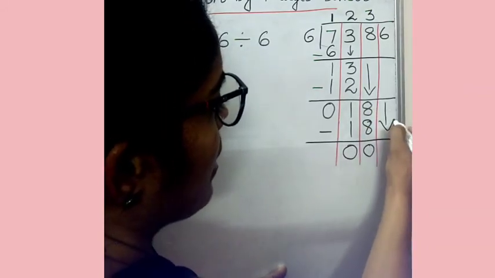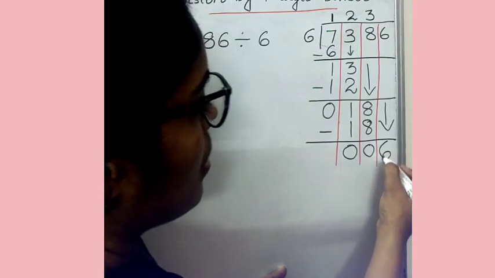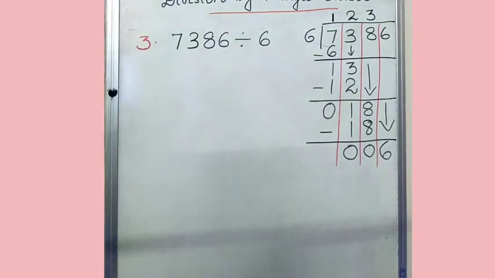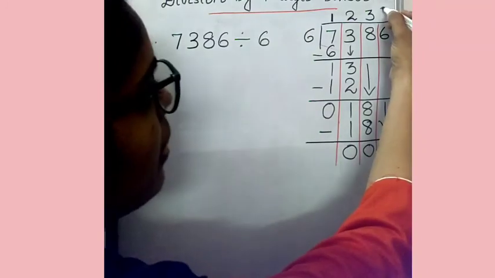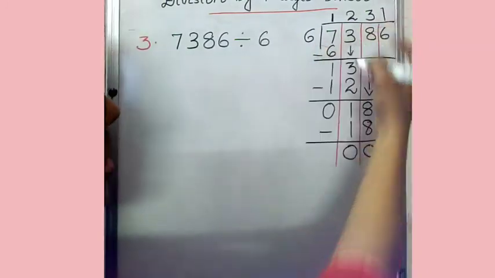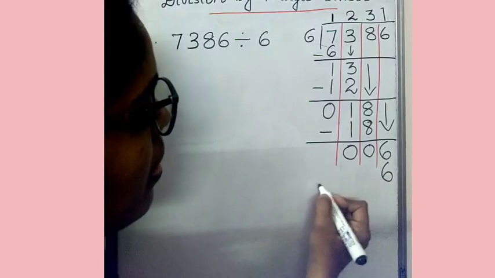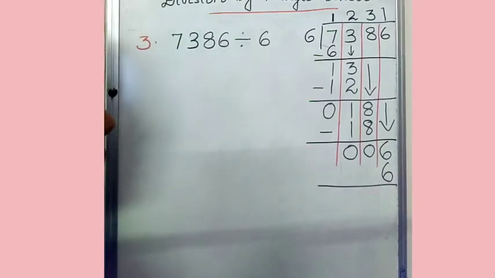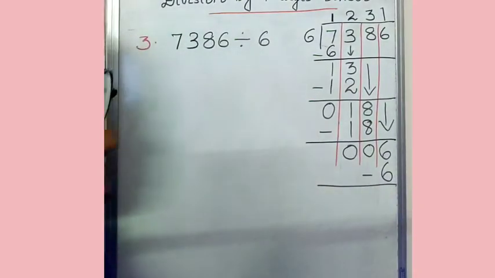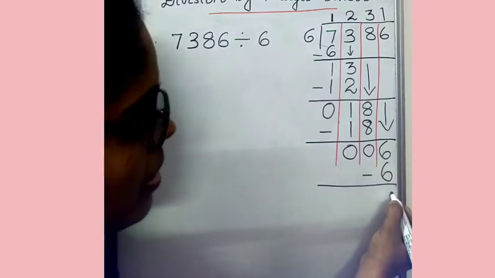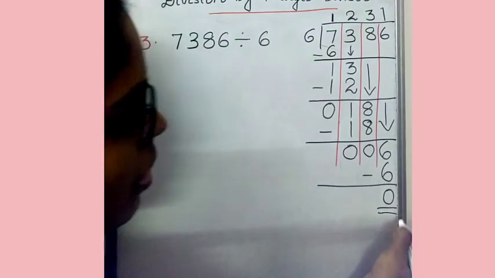Bringing down the next digit 6 to this place. How many times 6 in 6? We know, yes, that it is 1. 1 6 is 6. Again draw a line. Put the symbol of subtraction. 6 minus 6, 0.